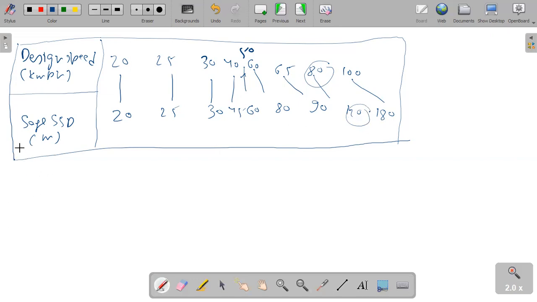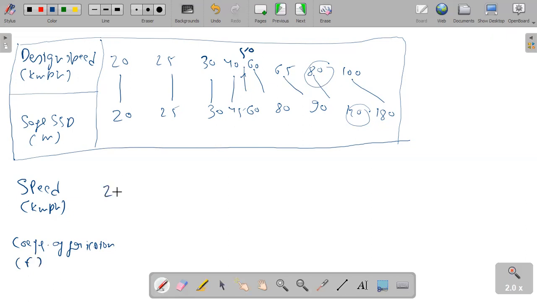Our next table is between speed and coefficient of friction. We have speed in kilometer per hour, and coefficient of friction, denoted by f.